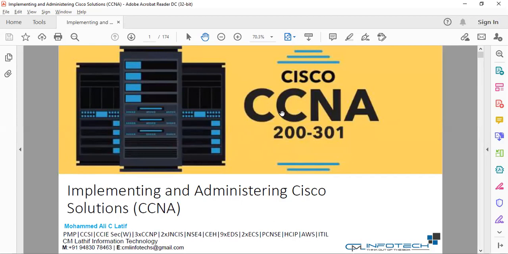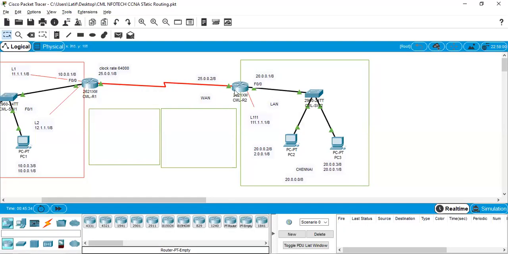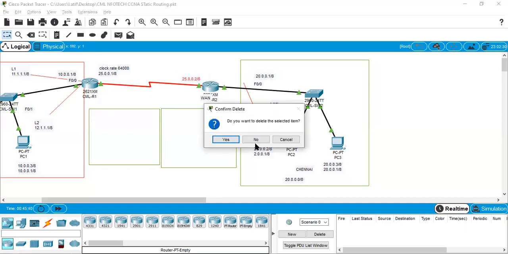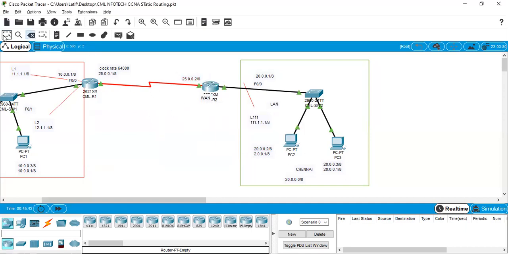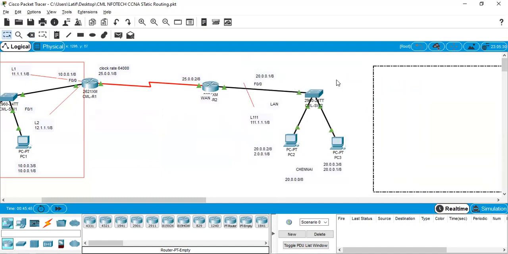We're talking about routing. So, let's look at a design with three routers. Let's say you have a second router, which is 25002. Then you have your network here.